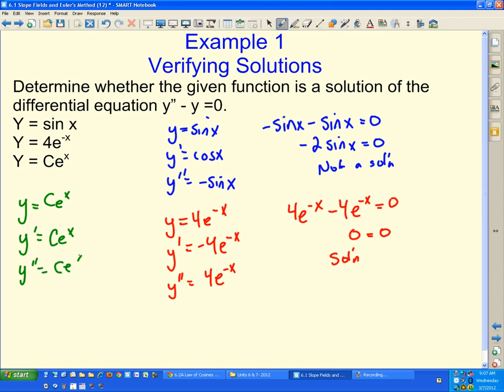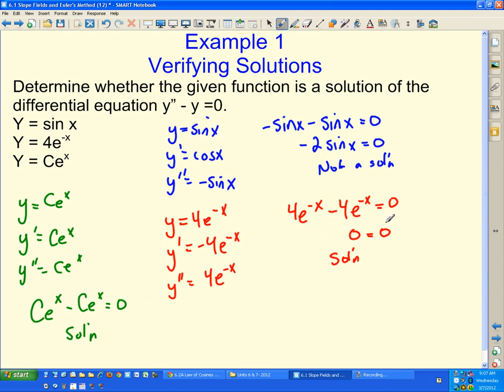Now if I plug that in, I put in my second derivative, ce to the x minus ce to the x equals 0. And so again, we have another solution. So ce to the x is a general solution for this one, just like the other one was a little more particular because we knew what the constant was. So we had two solutions and one that was not.